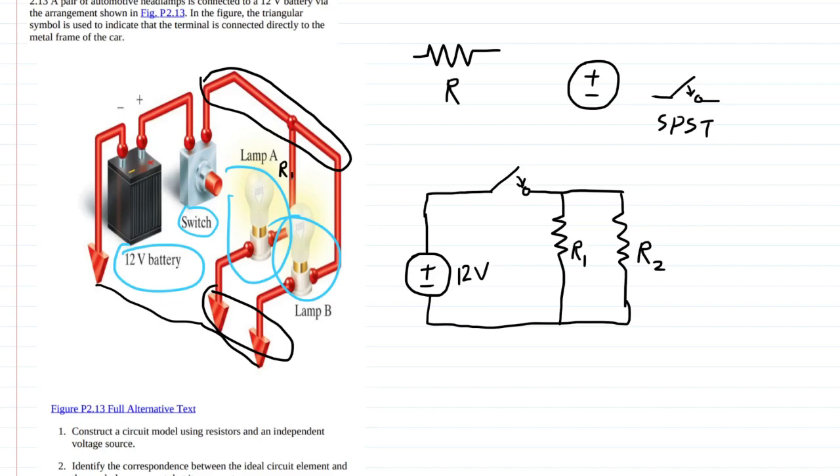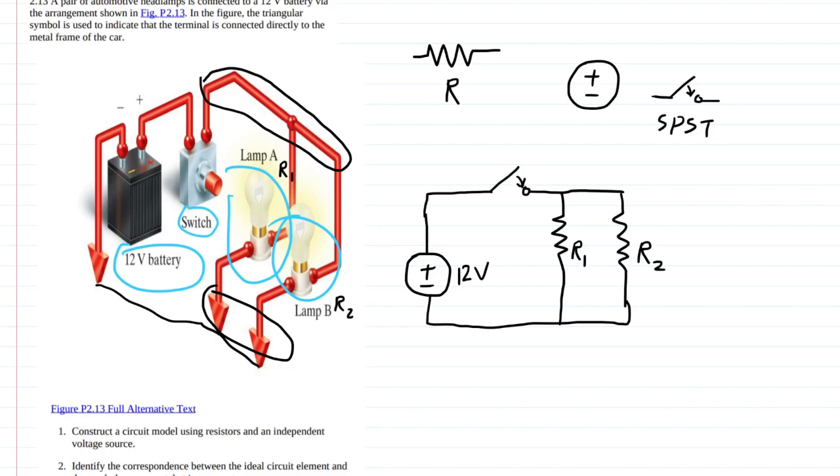So this is R1, R2. And that is our circuit model using resistors and an independent voltage source. I threw a switch in there because there's a switch in the diagram. But it doesn't matter because the lights are on in the picture, so we're assuming the switch is closed.